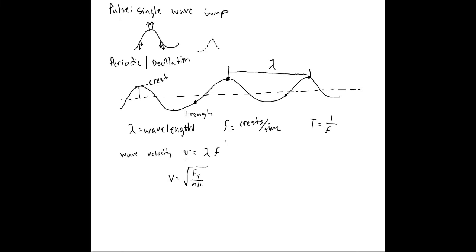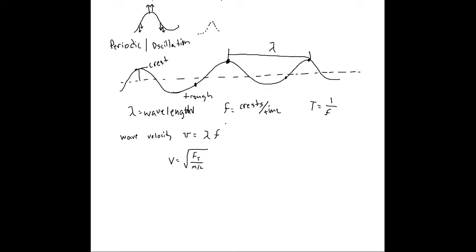In your book, it is example, I think it's 11-11. It's on page 302. So it says a wave whose wavelength is 0.3 meters. So let's call this an example.